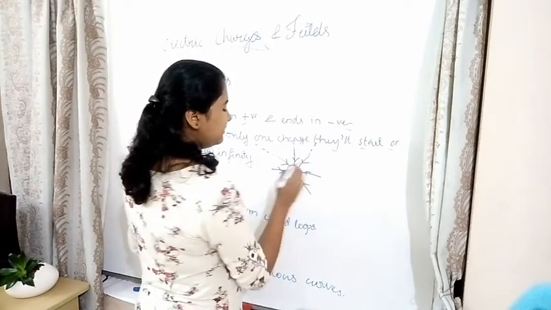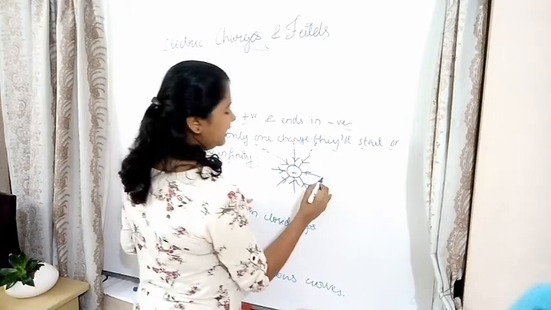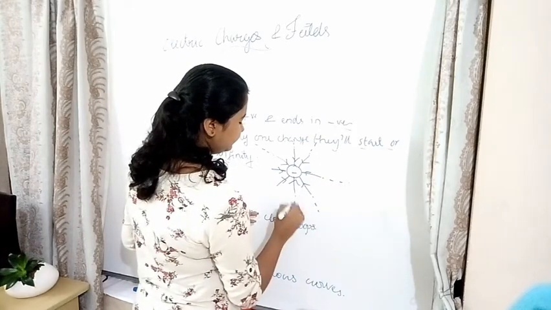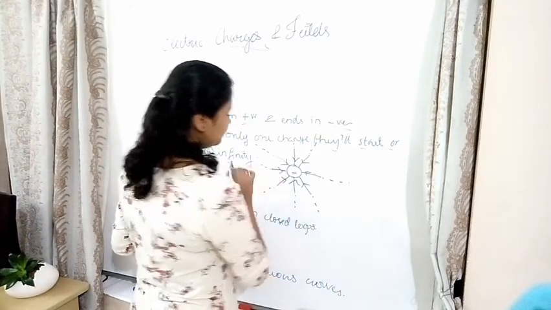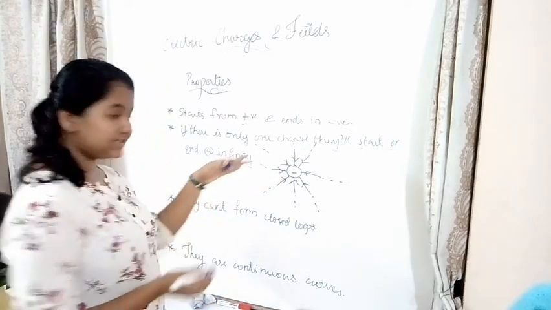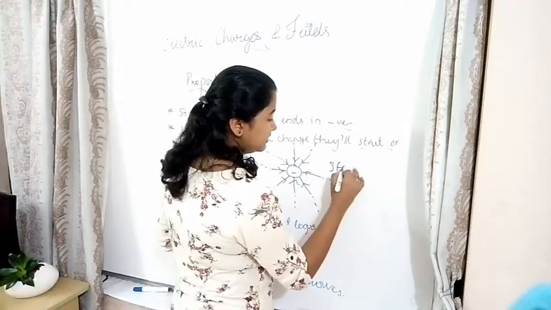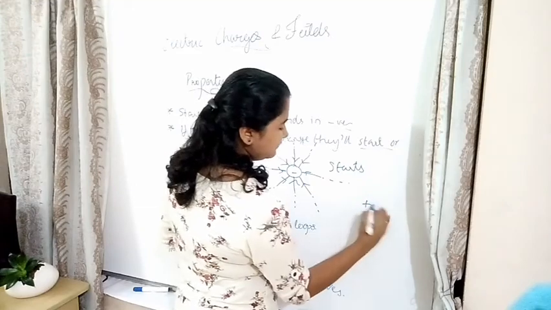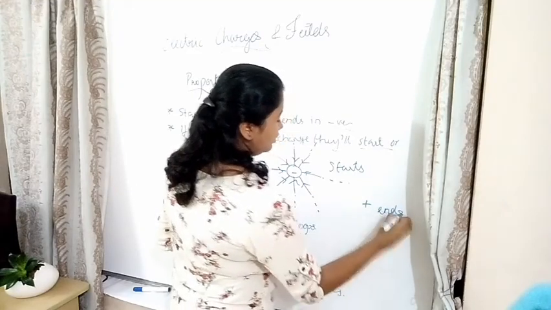From where does it come? There is no positive charge over here, so it comes from infinity. So in the case of negative, the lines start from infinity. In the case of positive, they end at infinity.